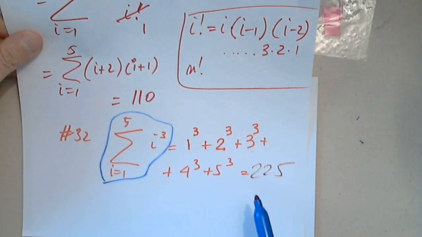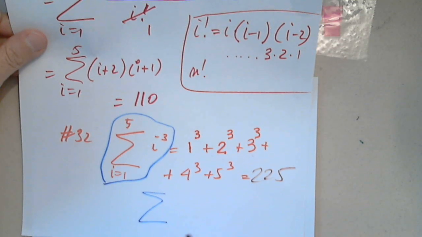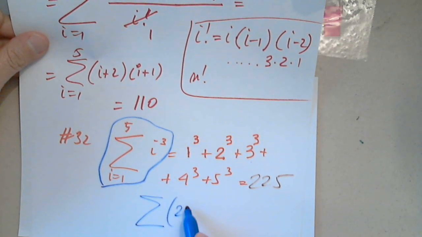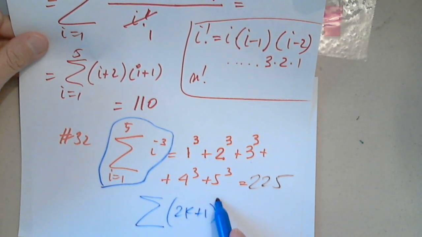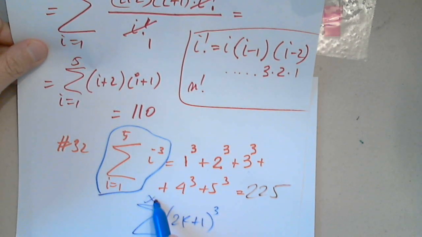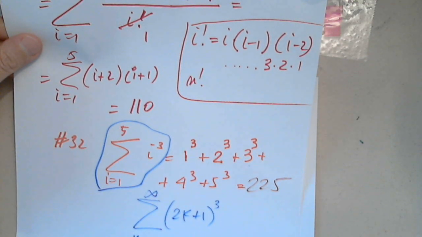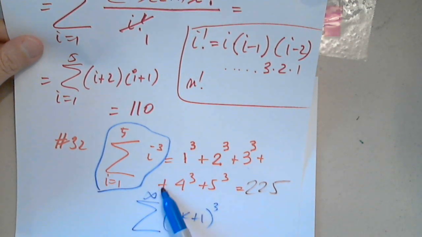So that's the condensed form then. Yes. So what if I have, for example, (2k plus 1) cubed from k equals 1 to infinity, which is very possible. Do I want to use this?